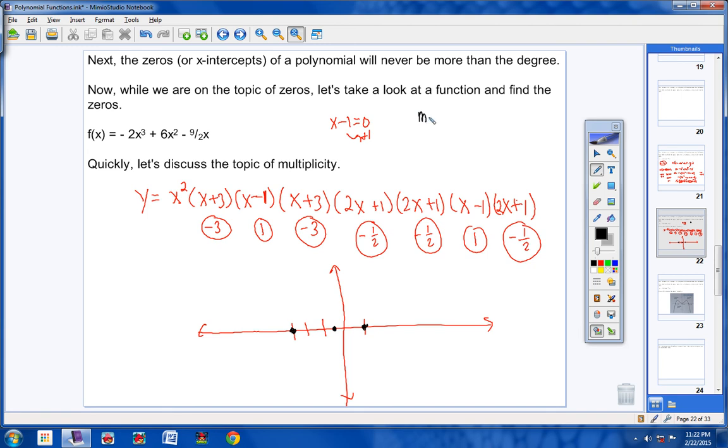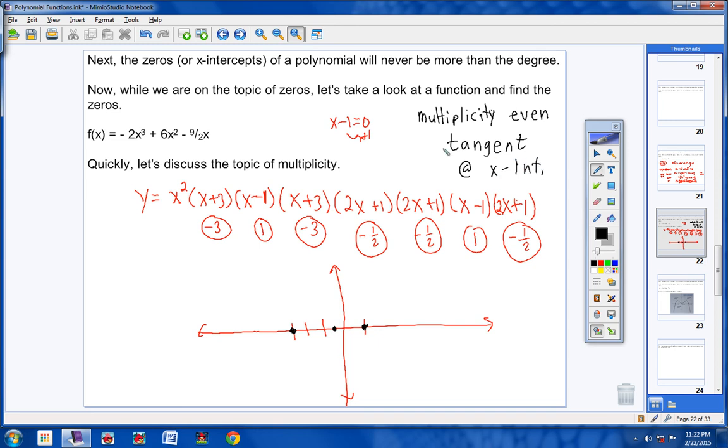Whenever the multiplicity is even, you have a tangent. Now I'm gonna explain all of this in a second, guys. I'm gonna explain it really well. Just take notes right now. Whenever the multiplicity is even, you're gonna have a tangent at the x-intercept. So a tangent at the x-axis or the x-intercept.